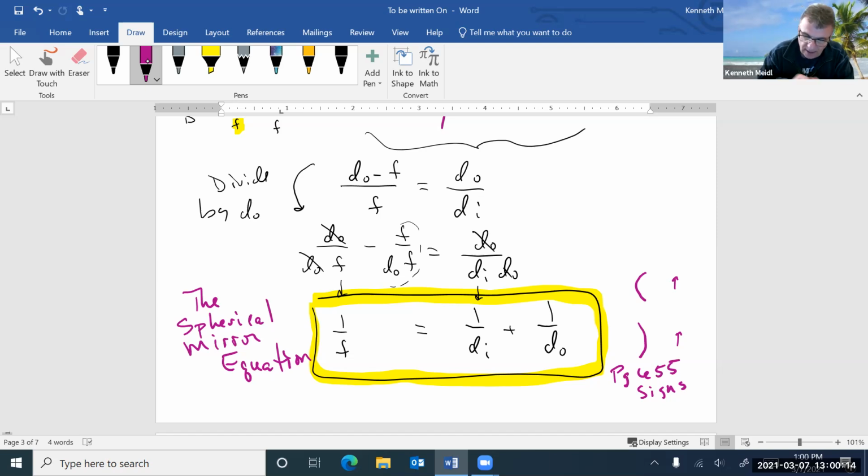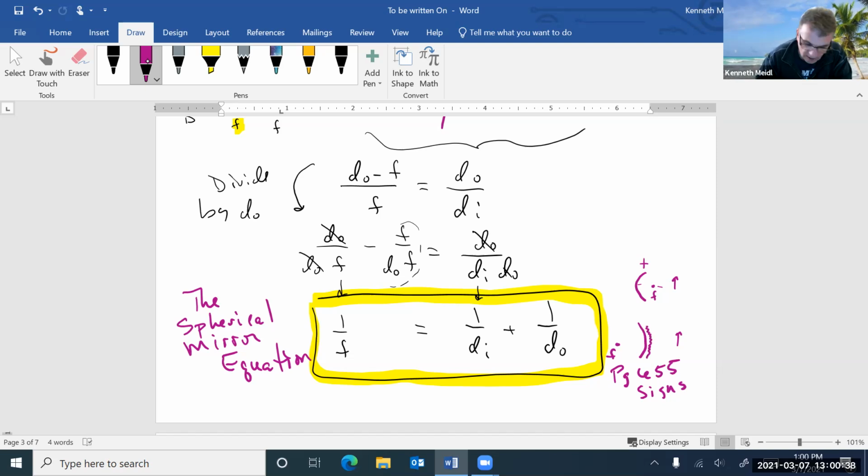Okay. And so I think what he just said is that this is a positive focal length of mirror. The focal point is on the reflecting side of the mirror. Yeah, the focal point here is on the reflecting side of the mirror. On the convex mirror, the focal point is on this side, but this is the reflecting side here.